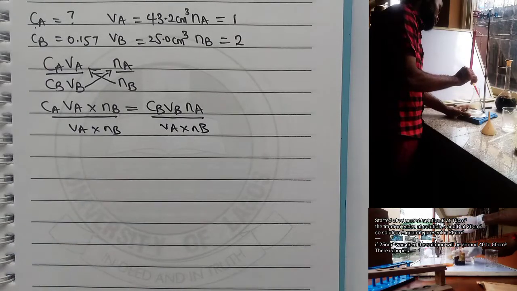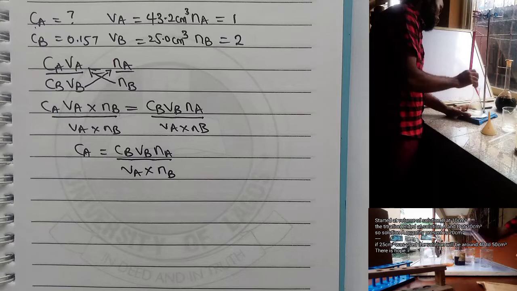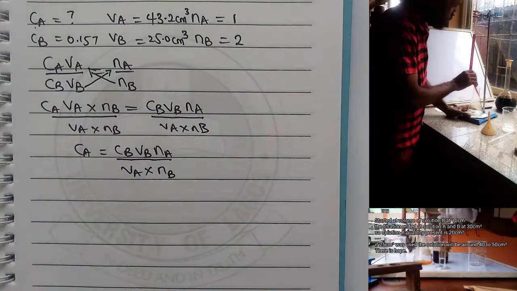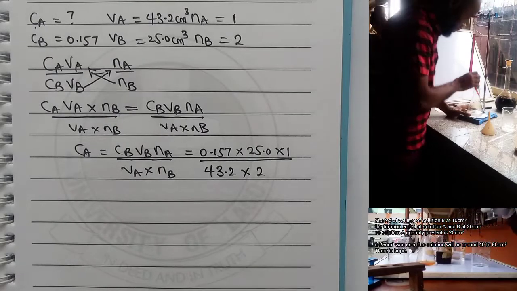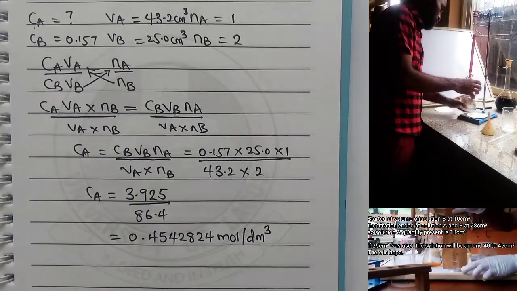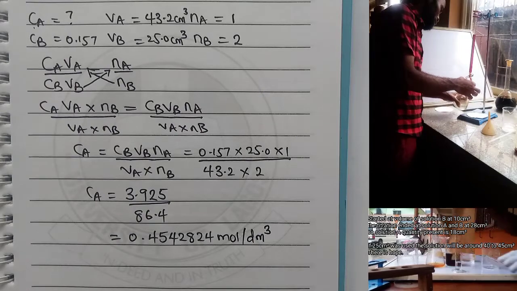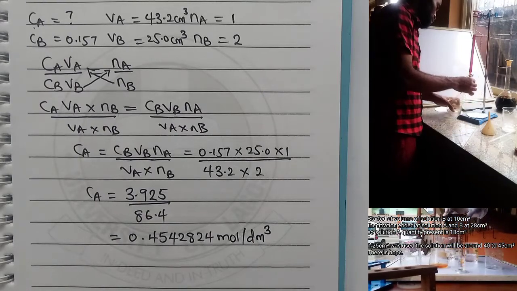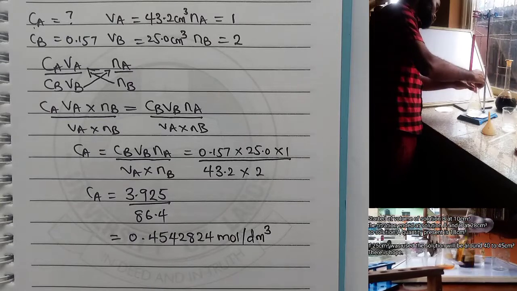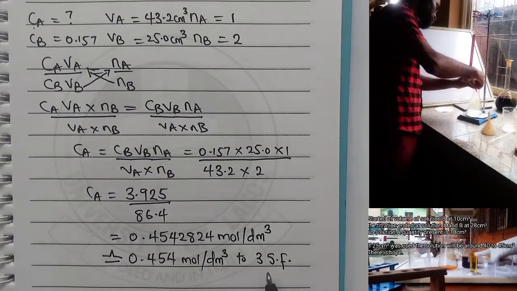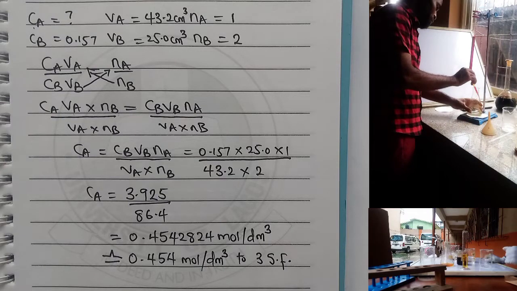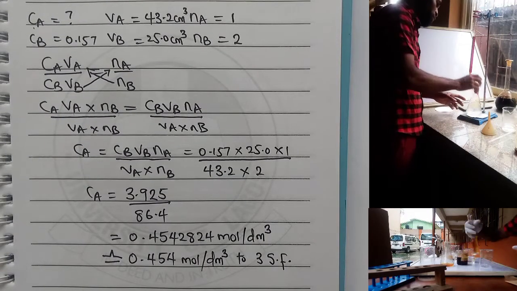By substitution, inserting the values as we have here, with your calculator, the answer is this, but if we leave this value in 3 significant figures, we will have this. Don't forget to state the 3 significant figures for them. It is important.